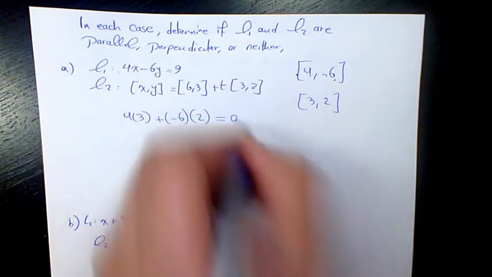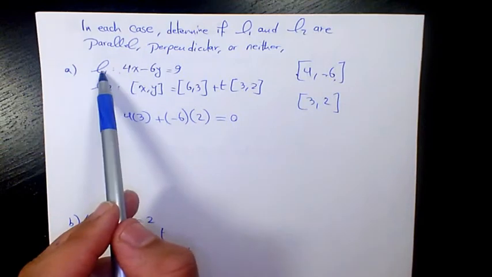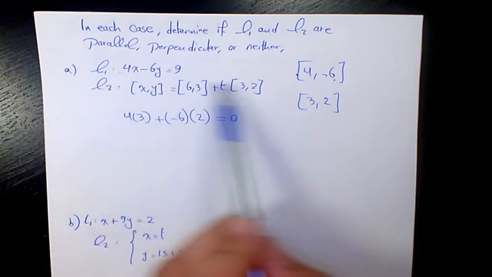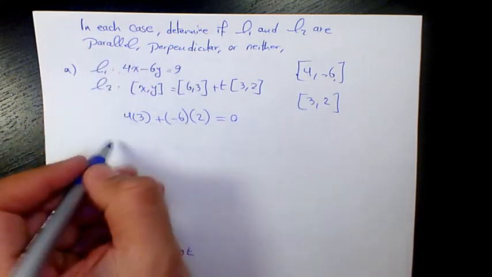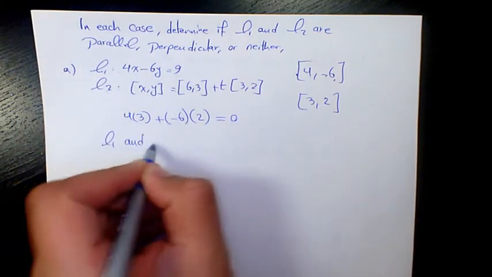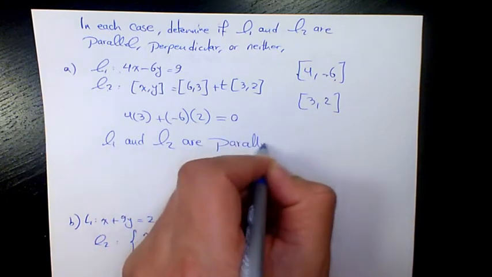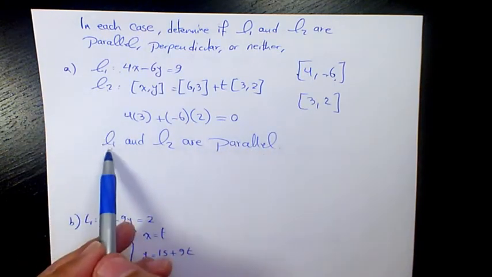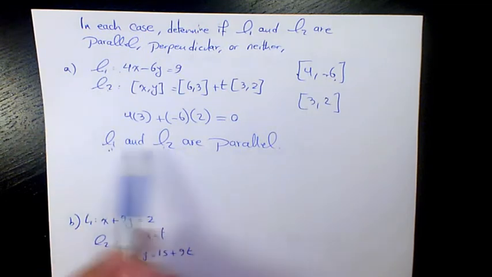That makes it 0. It means that the normal vector to this line is perpendicular to this line. It means that L1 and L2 are parallel. Why? Because the normal, which is perpendicular to L1, is perpendicular to L2. So that's why L1 and L2 are parallel.